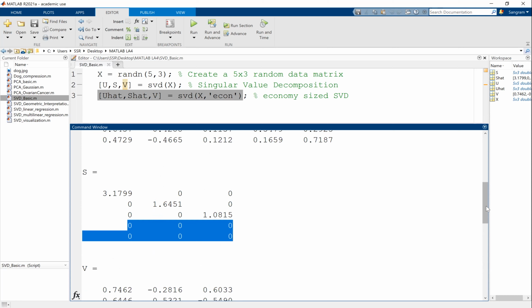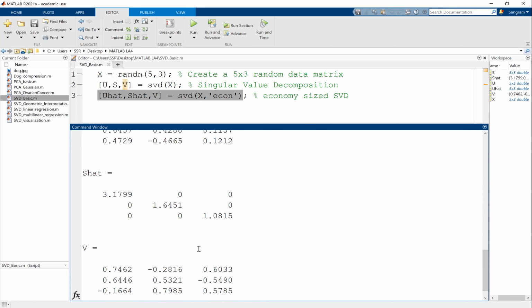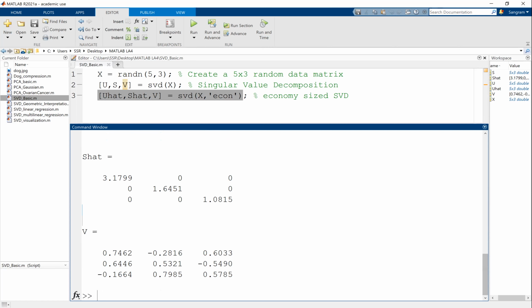And when we did economy SVD, those 2 rows are chopped off. So what it means, now for a second, I want you to do this exercise, and that would kind of make sense.